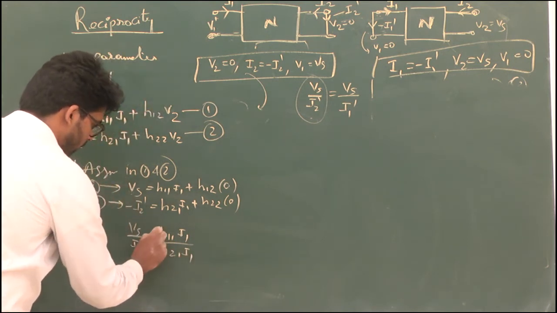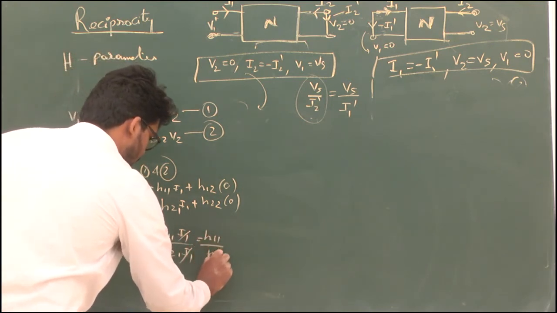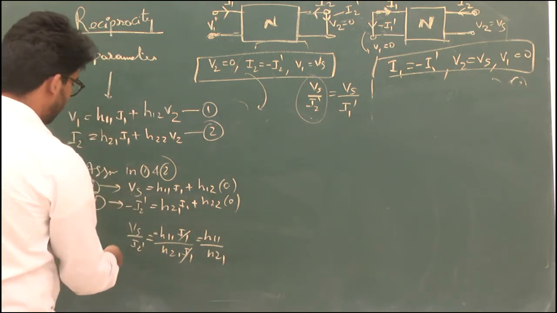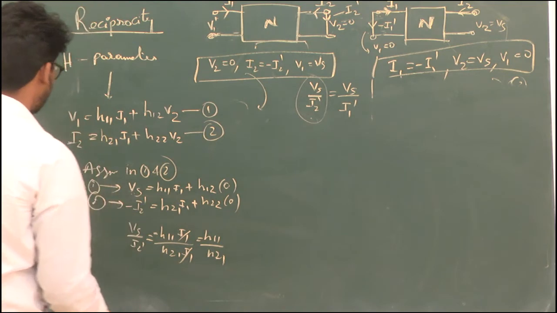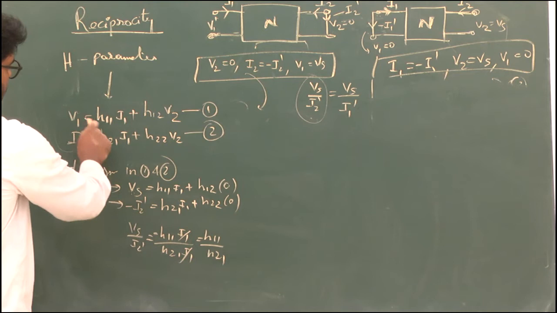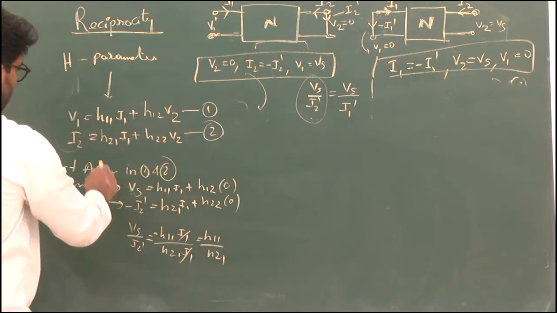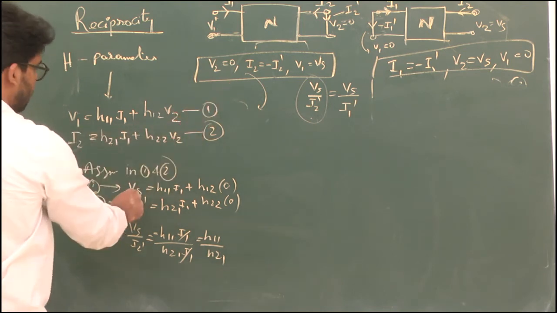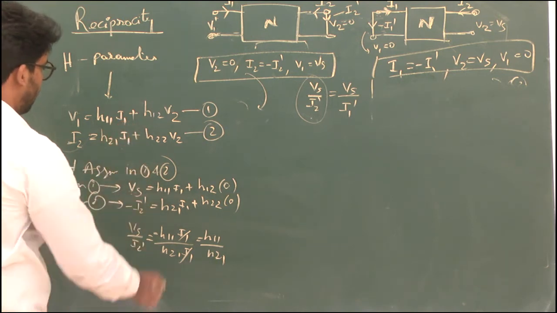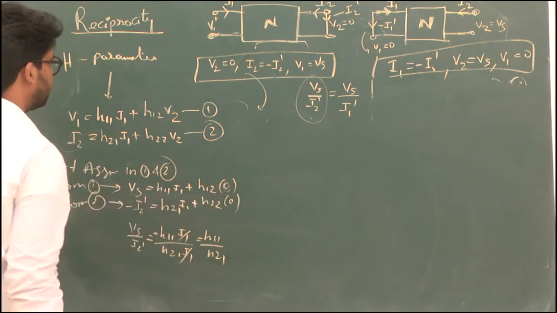So we transfer this, and therefore you get h11 by h21. So this is the expression for Vs by I2 dash. Let us see once again. We have V1 and I2 as the dependent variables, and I1 and V2 as the independent ones.